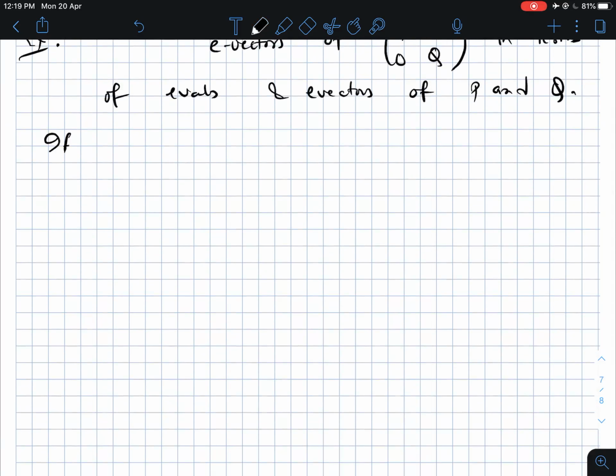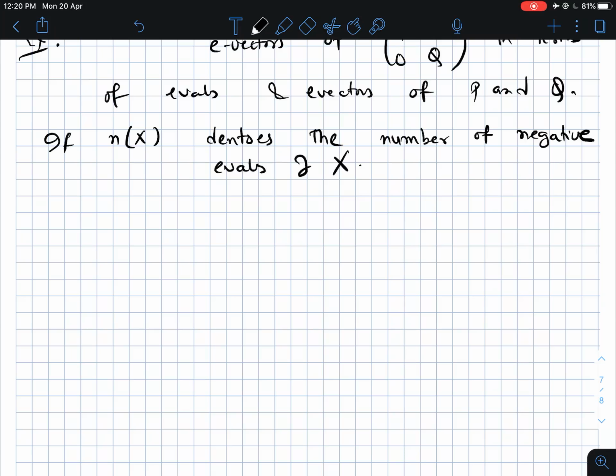Let us say n(X) denotes the number of negative eigenvalues of X. I'm just introducing a new notation. Sometimes this is called the inertia of a matrix.